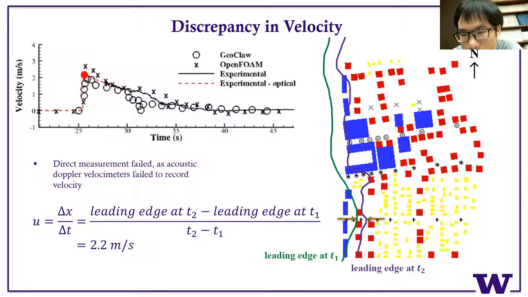If you have a look at the figure on the right, let's say the green solid line represents the position of the ball edge at time t1, and after a second, it moves to the position represented by the purple solid line. Let's call that time t2.